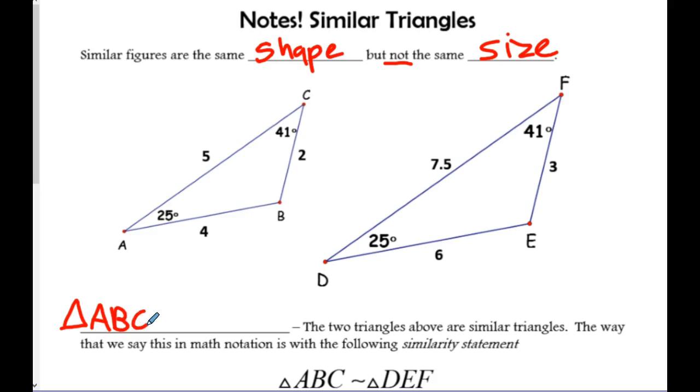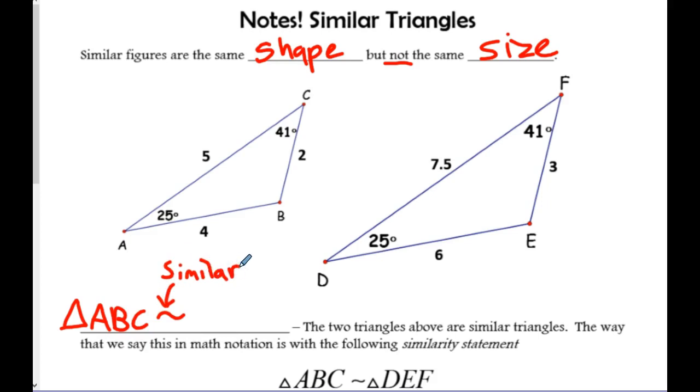And I think we've talked about this little symbol before. The symbol for similar looks like a squiggle. But instead of saying squiggle, do y'all remember what we call that thing? It's called a tilde. Tilde, right? So that means similar.